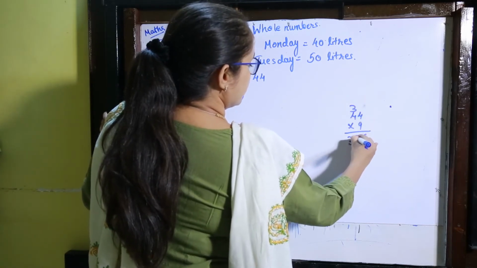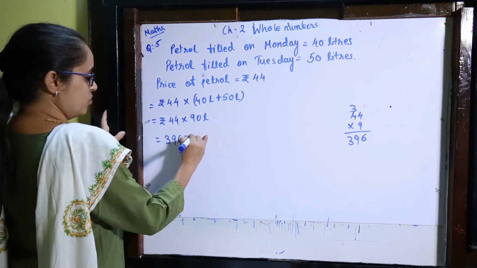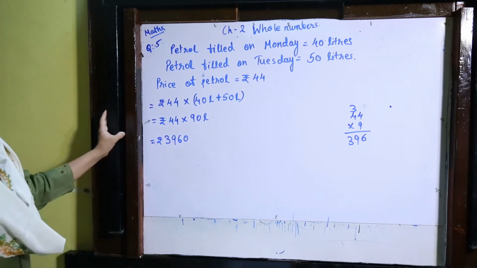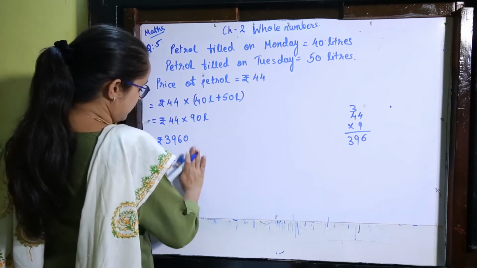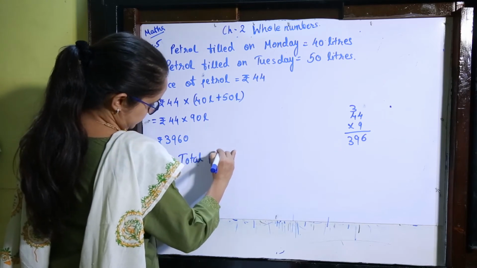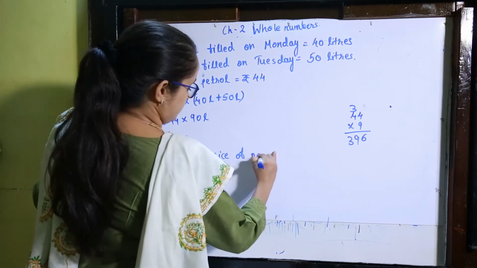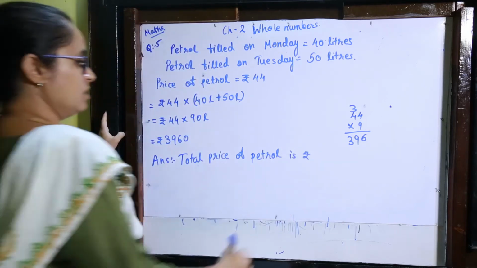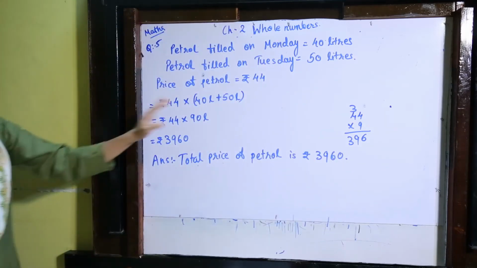36 plus the 39. So here 3960 rupees he filled. Petrol of 3960 rupees he filled. So the answer is, the total price of the petrol is 3960 rupees, because he filled like this.